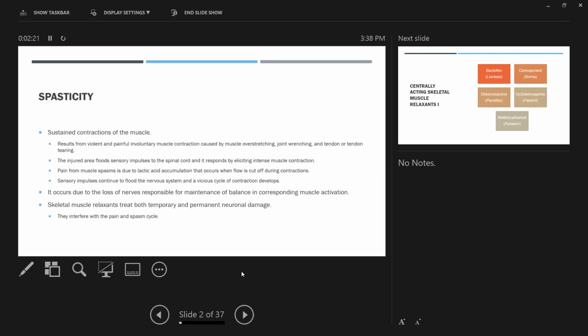And those intense contractions, as a result of these extensive sensory inputs, essentially result in spasms.